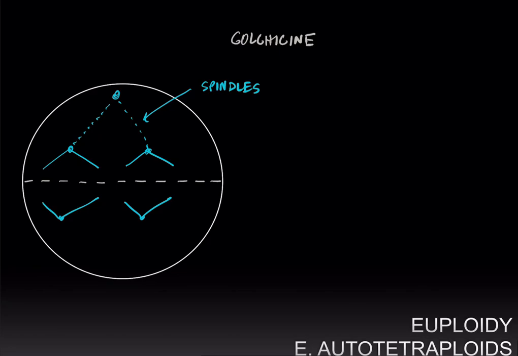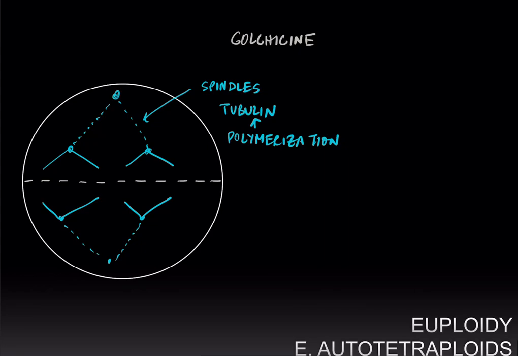And these spindles are made of tubulin, and the formation of these spindle fibers requires polymerization of the tubulin.